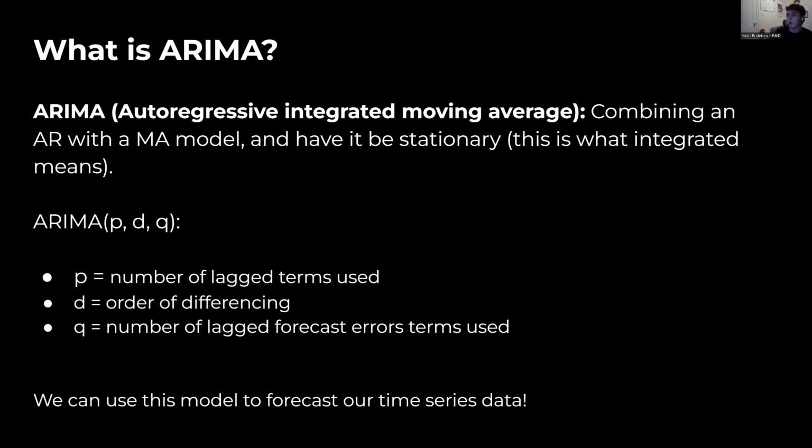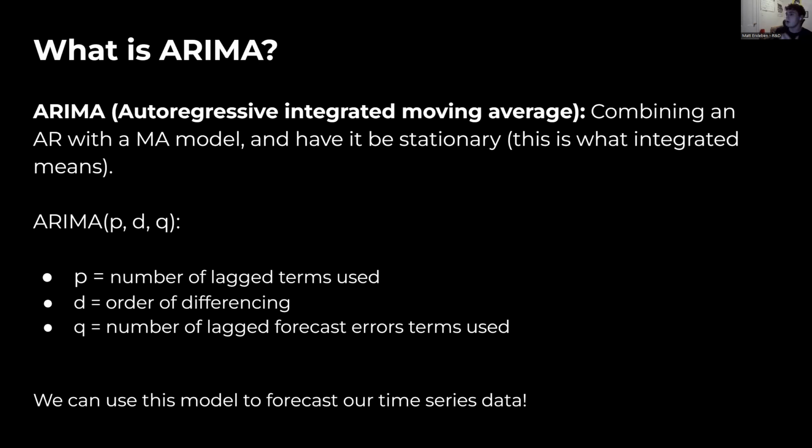In an MA model, we had a value for Q, which was the number of lag forecast error terms used, and we decided what Q is going to equal using the ACF test. And then we also had an order of differencing that we did before to try to make the time series data stationary, right?